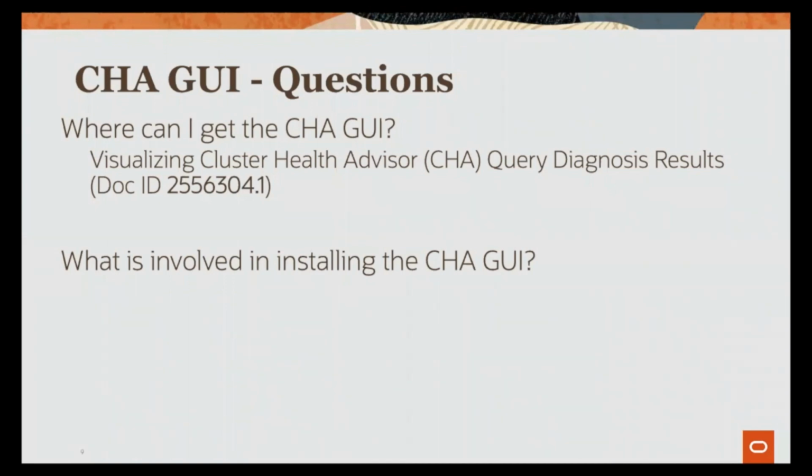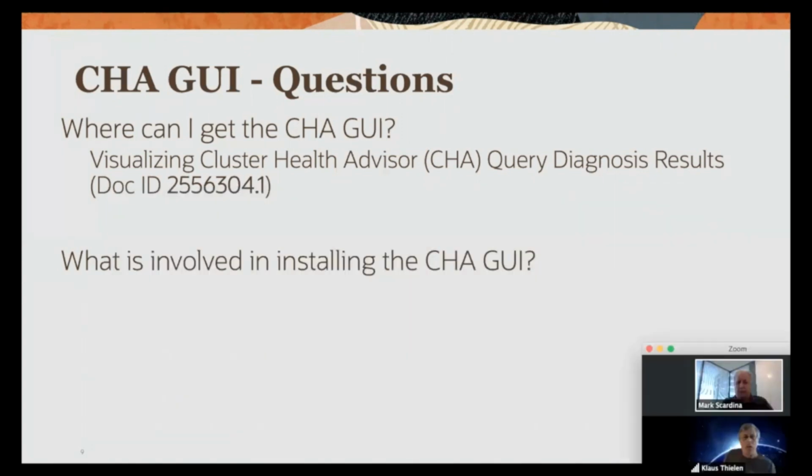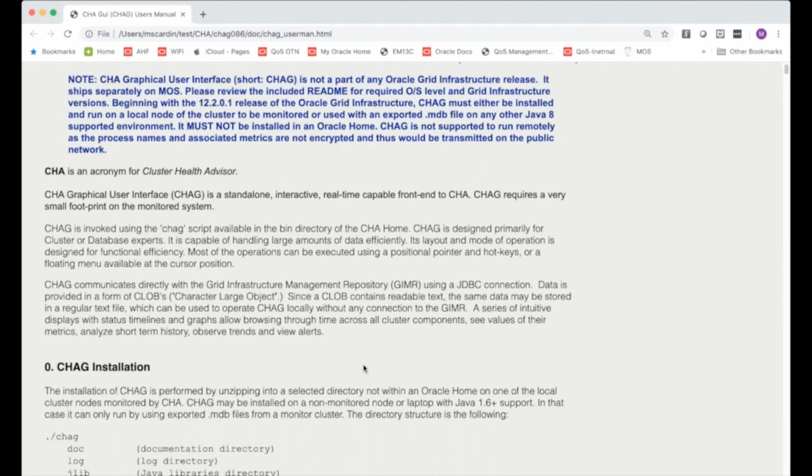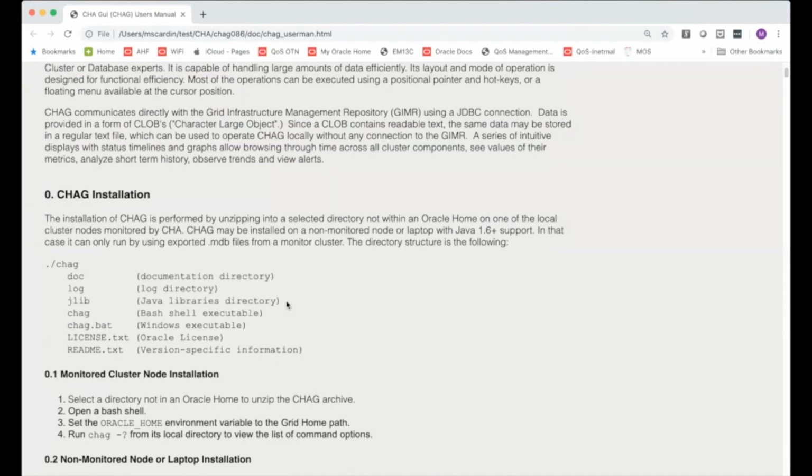Okay, so what's involved in installing the GUI here? This is quite a simple installation. If you go for the offline mode, the customer could download the zip file, which includes the documentation as well, unzip it, and, oh yeah, you show it here, the user manual, and the description for the installation is here. The only thing he needs is Java.